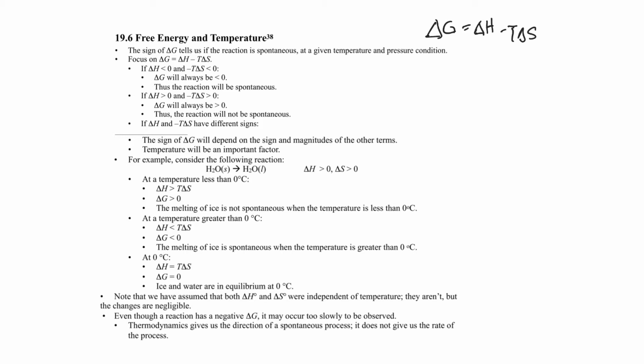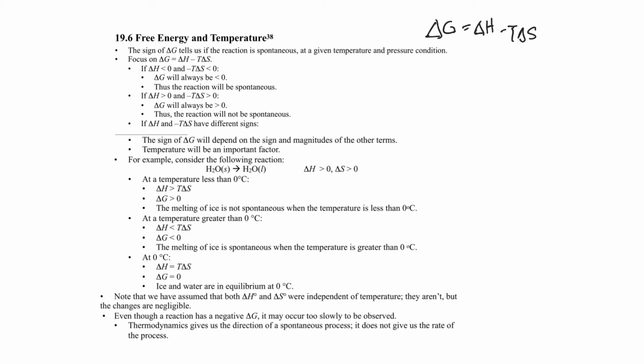So if ice is melting into water and you are below zero, not only is it not spontaneous for ice to melt below zero, but the reverse reaction is spontaneous. Water will freeze into ice.